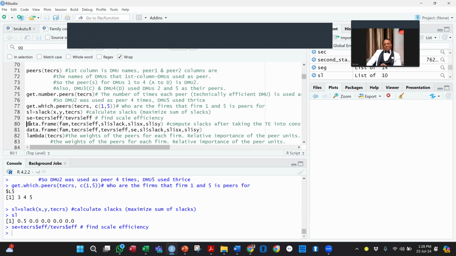It's the same as saying that the CRS technical efficiency, TE CRS, divided by TE VRS equals SE. Take note. So anytime you have to calculate the scale efficiency, just look for the technical efficiency CRS, divide it by the technical efficiency VRS, and that will give you the scale efficiency.